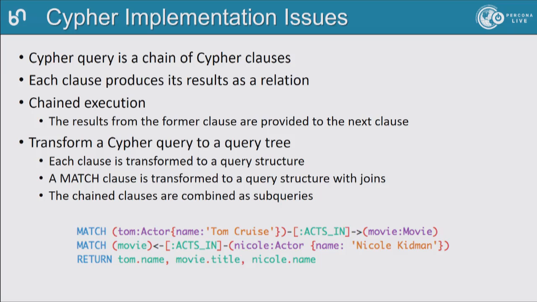To make a query tree, first each clause is transformed into a query structure. The query structure is an internal structure of PostgreSQL. A match clause will become a query with joined tables, and the chained queries are combined as subqueries.